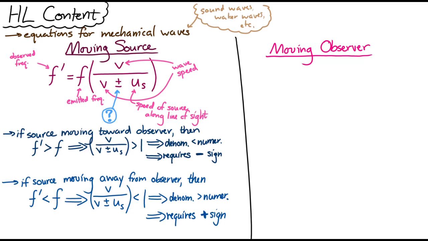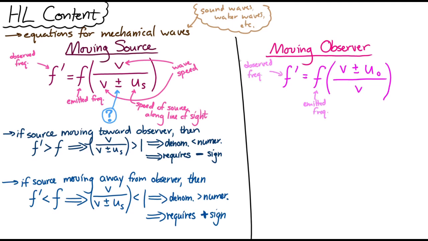Now let's go over to the equation for a moving observer. If we have a moving observer, then f prime is equal to f times v plus or minus uo divided by v. You can guess what these mean. F is the frequency of the emitted wave. F prime is the frequency of the observed wave. V is the wave speed, and uo is the speed of the observer.